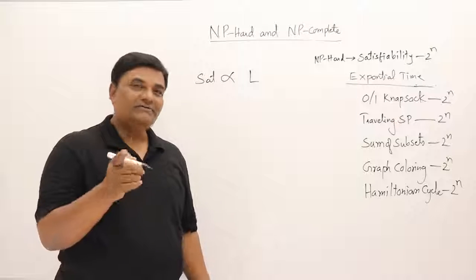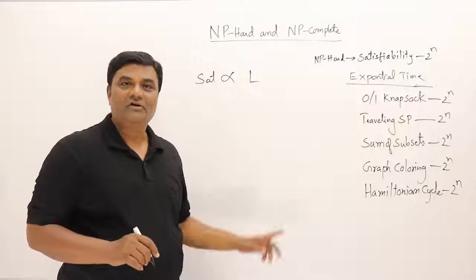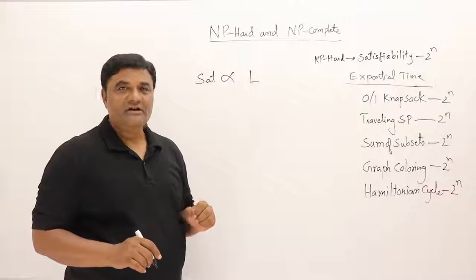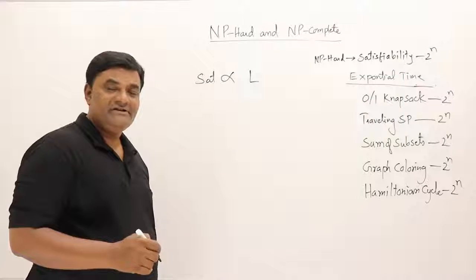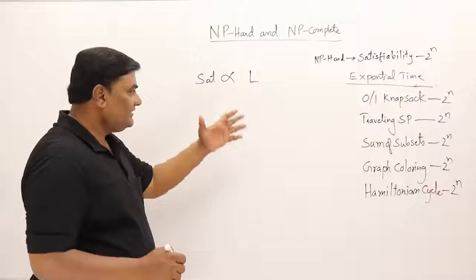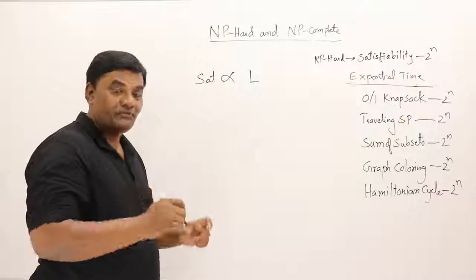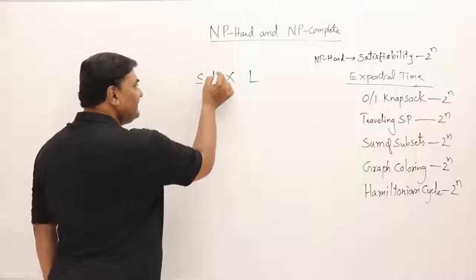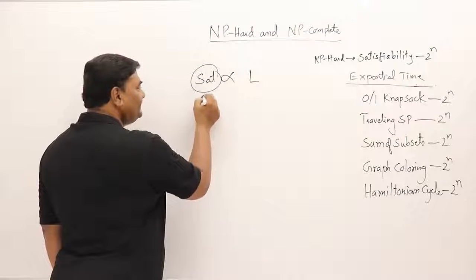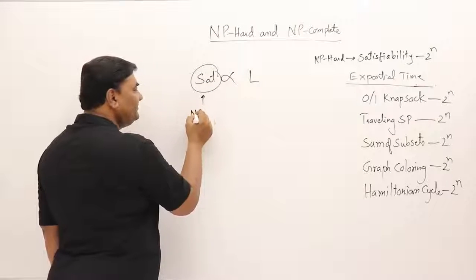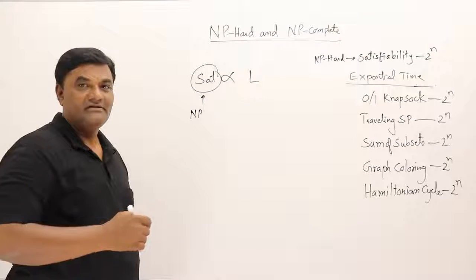And one more thing we were doing, that we were writing non-deterministic algorithms. So do we have a non-deterministic algorithm for any of these problems? Yes, one problem that we know, it is proved, it is there, that is the satisfiability problem. For this we have a non-deterministic polynomial time algorithm. It's existing.